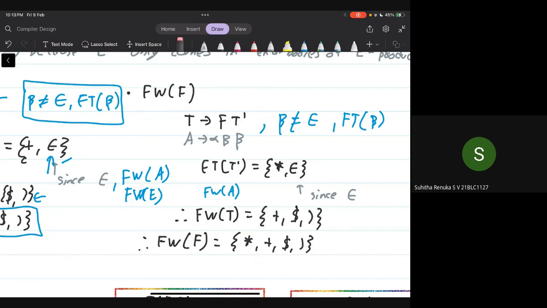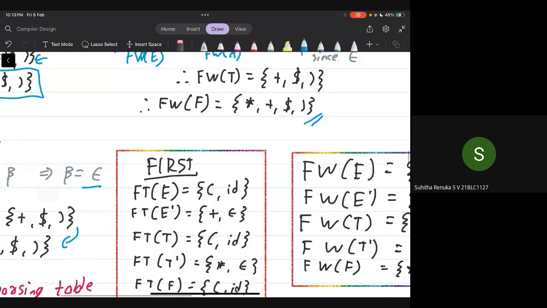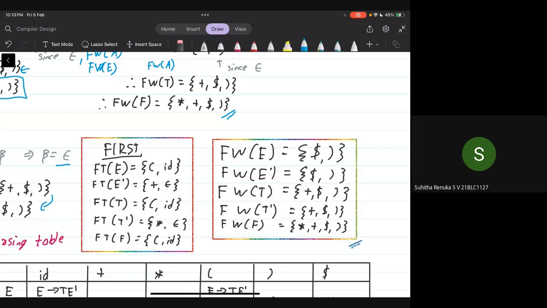Find follow of A, which is follow of T. Follow of T நம்ம என்ன கண்டுபிடிச்சோம்? Plus, dollar, closing bracket. So therefore star will also be included: star, plus, dollar, closing bracket. Your follow will be done. So this is your final first and follow.